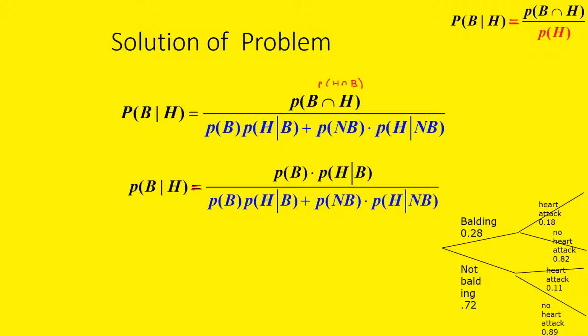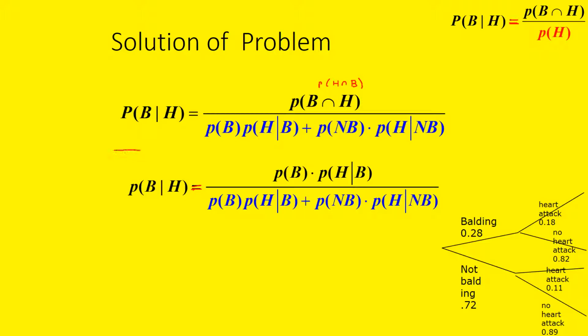And the probability of not balding, we know that. And the probability of heart attack given not balding, we know that. So we can substitute numbers for all of these pieces.